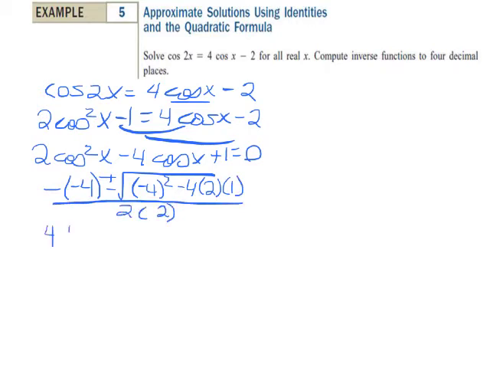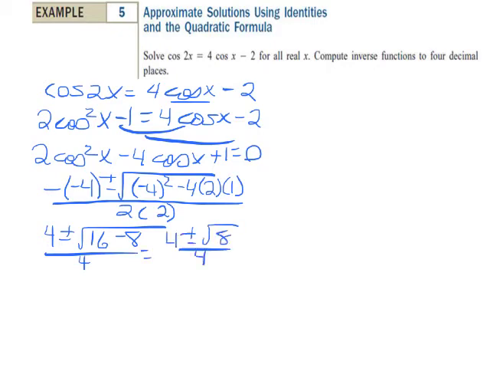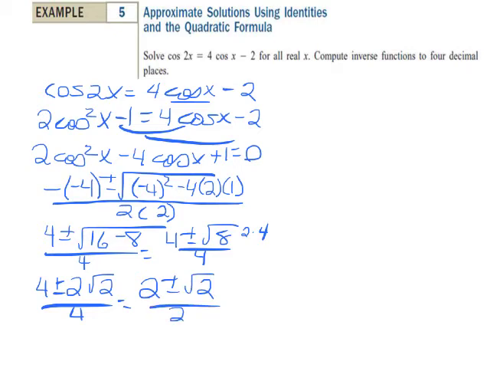So we've got a positive 4 plus or minus the square root of 16 minus 8, all over 4, which is 4 plus or minus the square root of 8 over 4. 8 is 2 times 4, so 4 plus or minus 2 square root of 2 over 4. We can cancel out our 2's and get 2 plus or minus the square root of 2 all over 2. And now we're just going to find the decimals for that. The decimals, and come back up here.